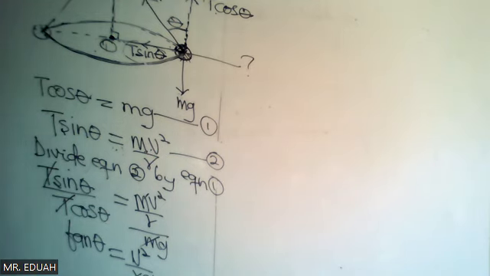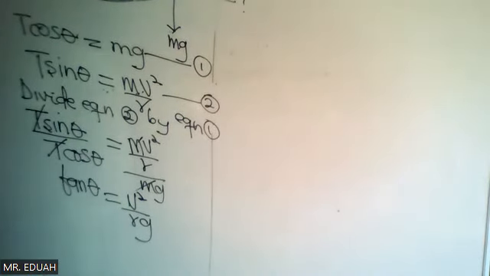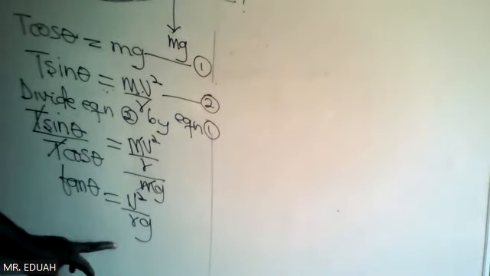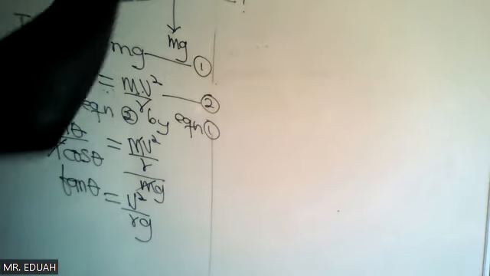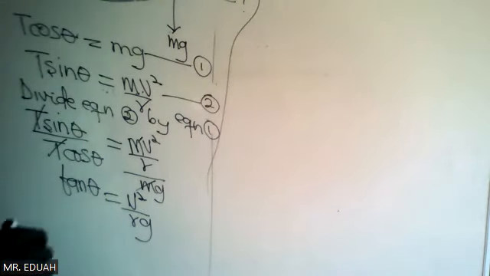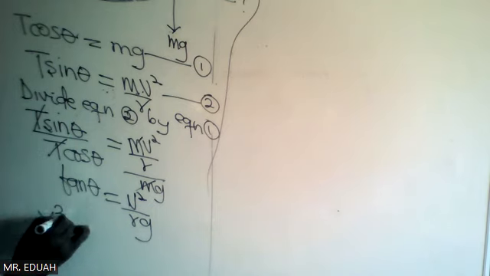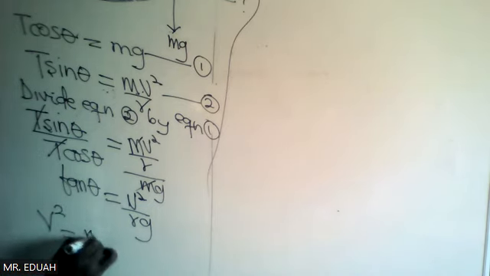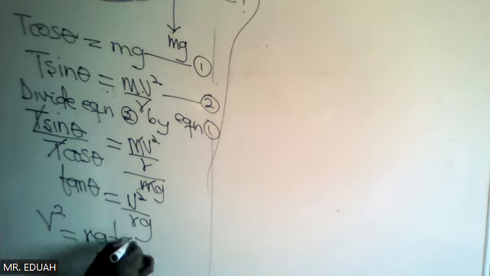Because the ratio of sine theta to cos theta is equal to tan theta, and when you divide mv squared over r by mg, you have this. When you make v the subject, you have v squared equal to rg times tan theta.